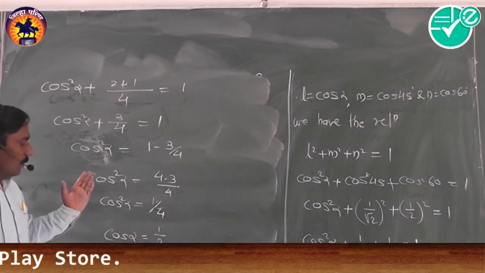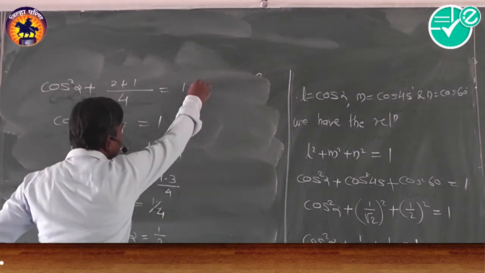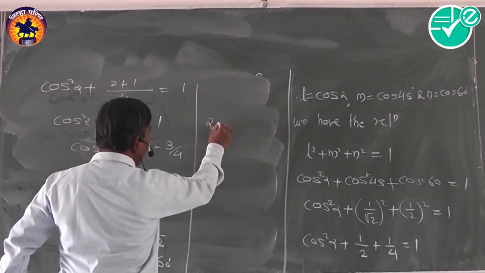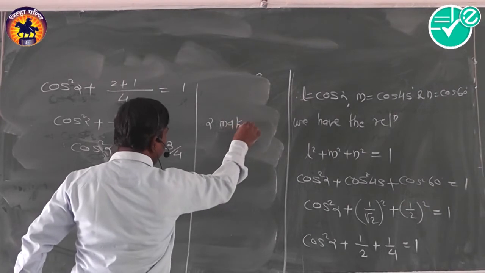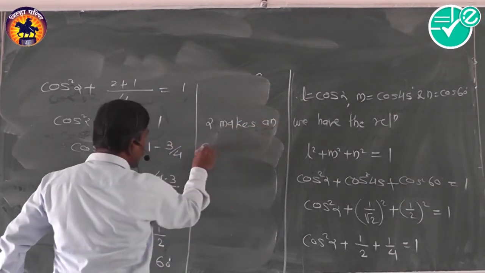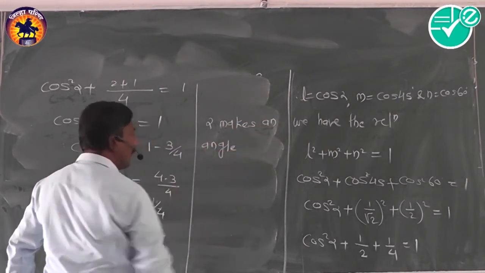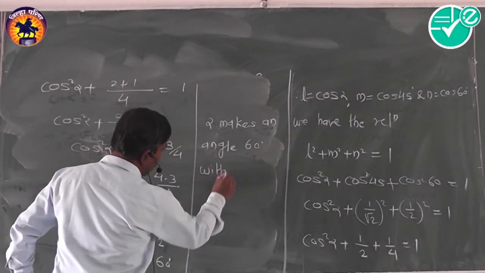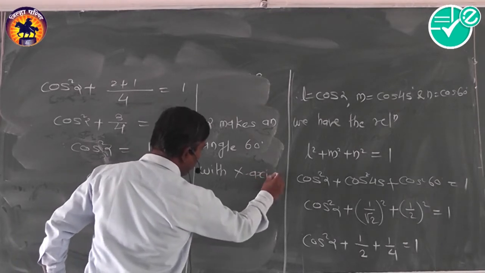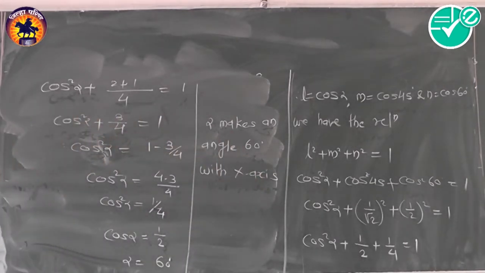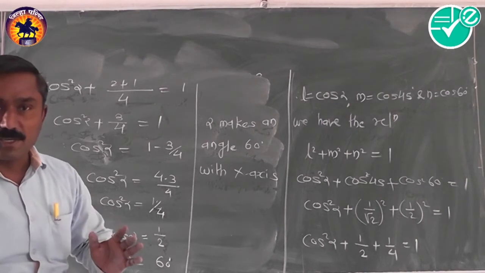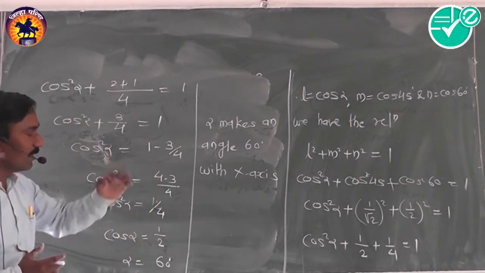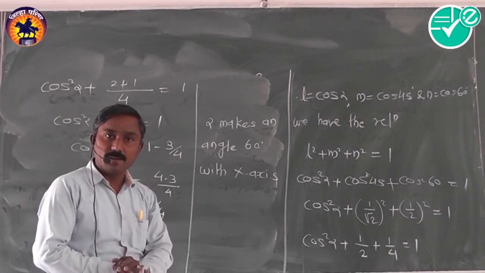So last we can write here: therefore the line makes an angle of 60 degree with the x-axis. So it is important to note that if two angles are given, then we can find the third angle.